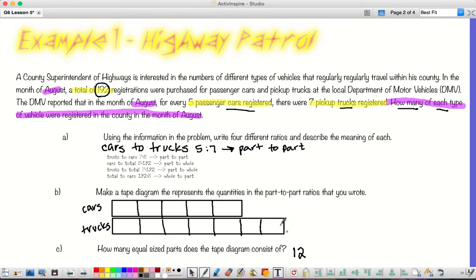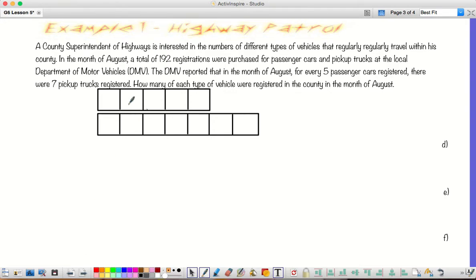Okay, so right now we're working with a total of 12 cars, just with this 5 to 7 ratio. Well, we know that's not even close to the total number of cars that there are out on the roads. So we also want to look at, okay, give us some more room here. Again, here's cars, here's trucks.